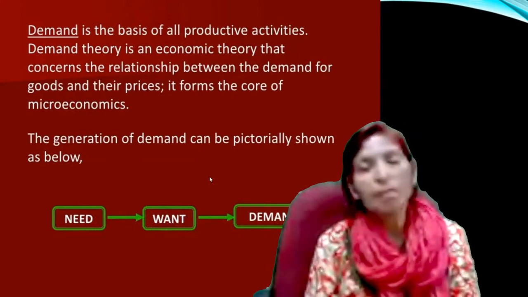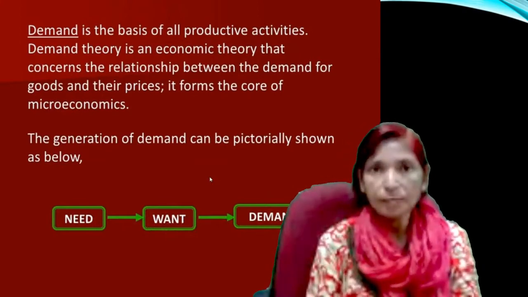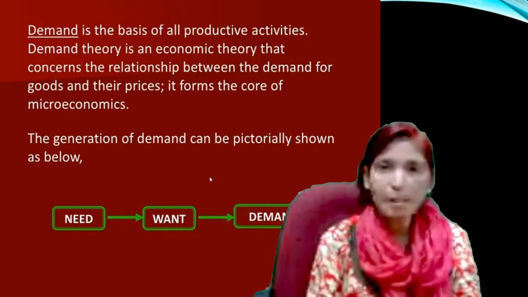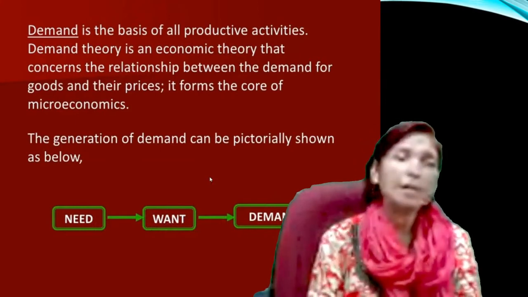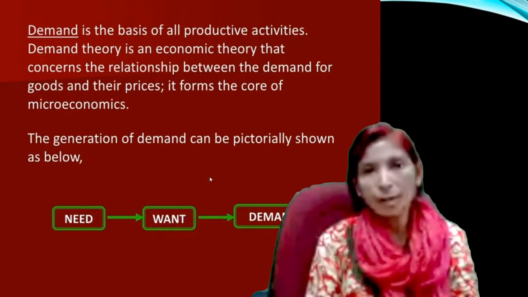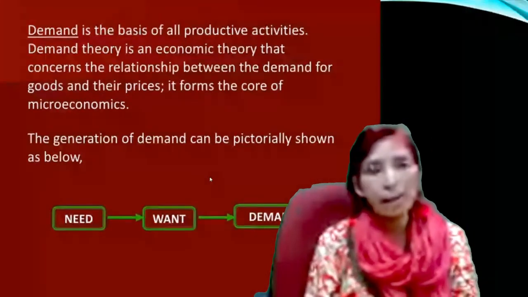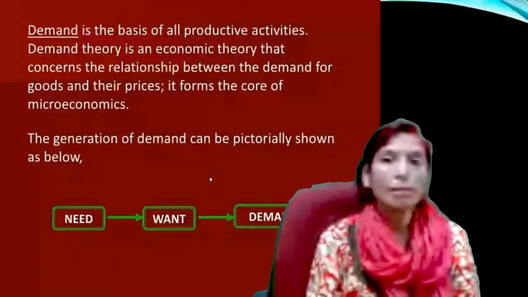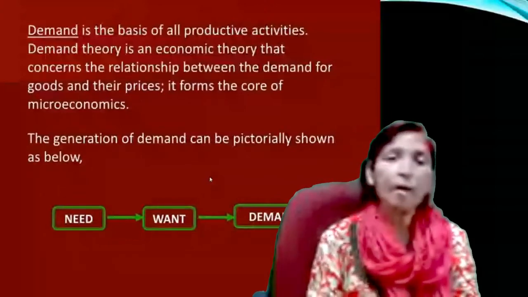So demand refers to the quantity of a commodity which a consumer is willing to buy at a given price and at a given time period. The demand concept is a flow concept because demand is related to a period of time. Demand can occur on a daily, weekly, monthly, yearly or hourly basis.